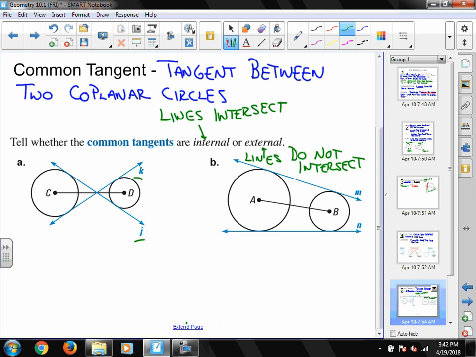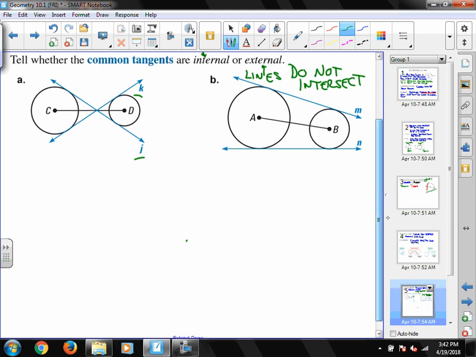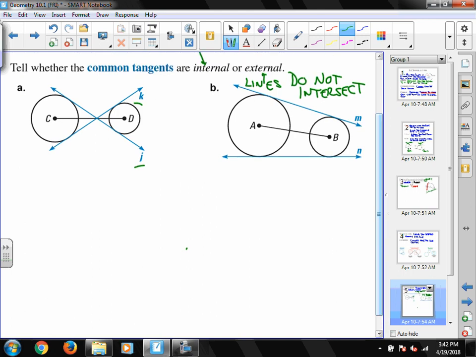Hopefully you guys can see there that they cross, they intersect. So lines J and K are internal tangents.